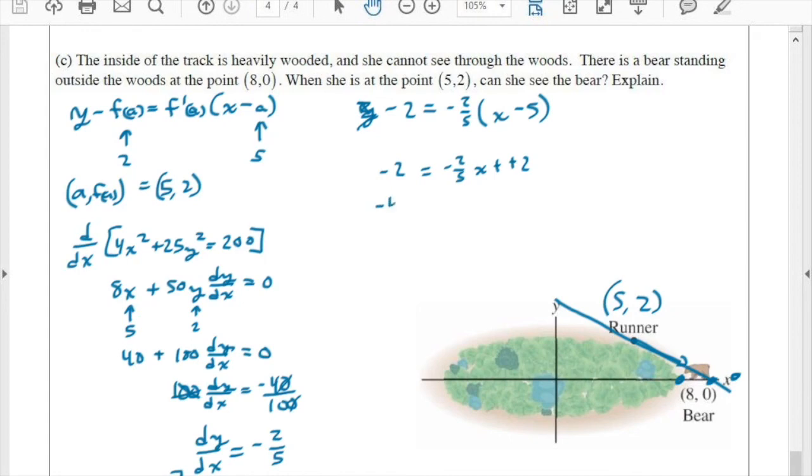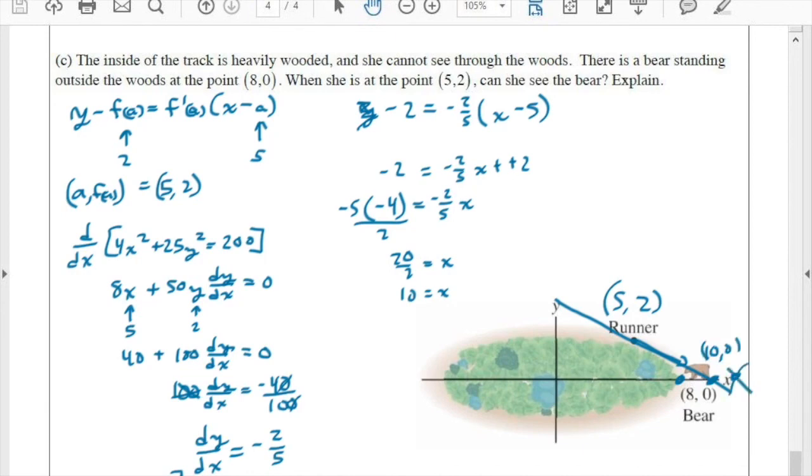I would get negative 4 equals negative 2 over 5 x. Then I multiply both sides by the reciprocal, 5 over 2. We can multiply by 5 first, and then divide by 2. That's positive 20 over 2, which means x equals 10. This point right here is (10, 0).